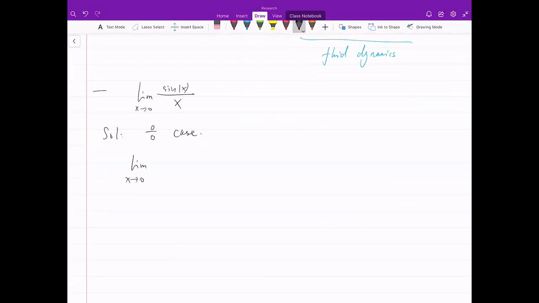Which means whenever you try to find the limit of this, it's the same as finding the limit, going to the same point, of the derivative of this, which is this. Derivative of sine is cosine, derivative of x is 1.